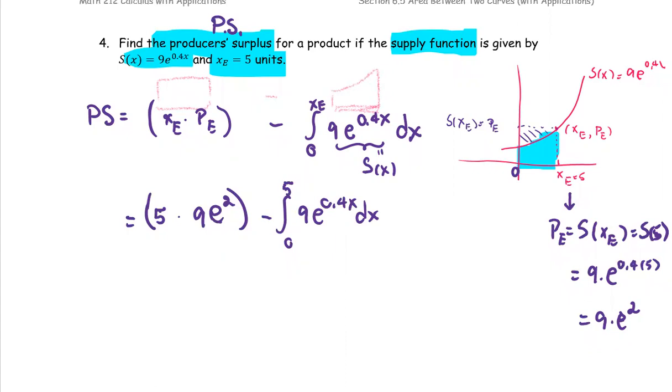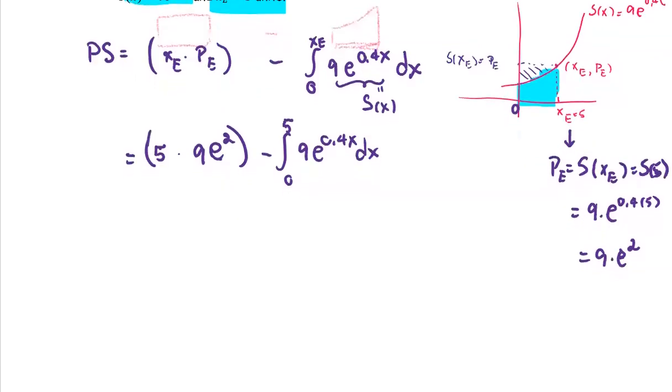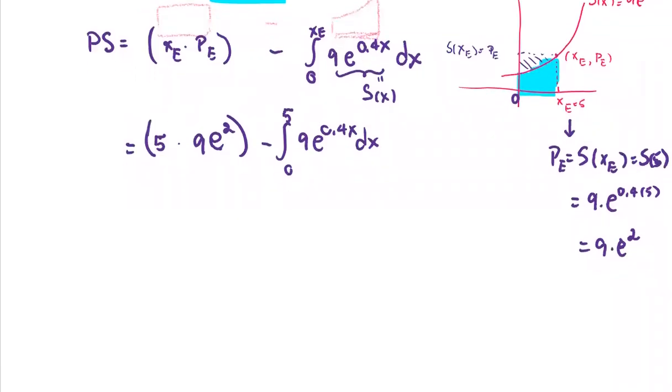We leave the first part for now until we're done with the antiderivative and evaluation at 0 and at 5. So the first part becomes 45e squared. Just keep it in the exact form first and round it at the last calculation.